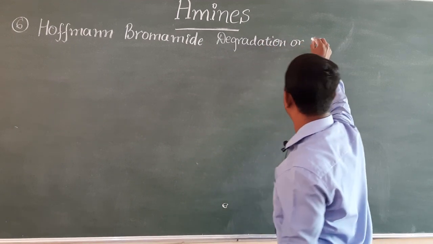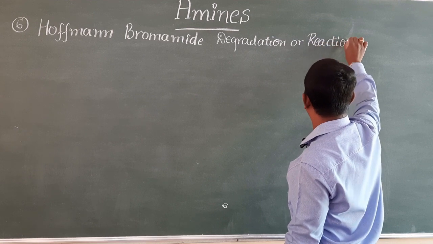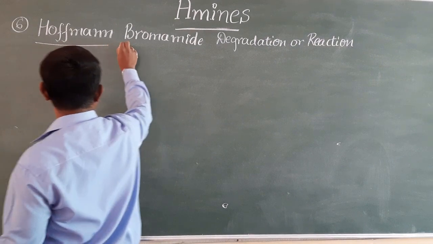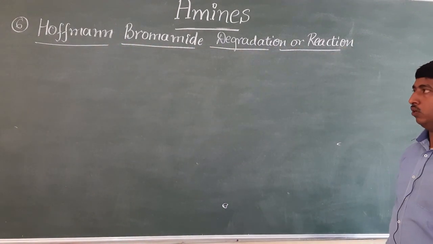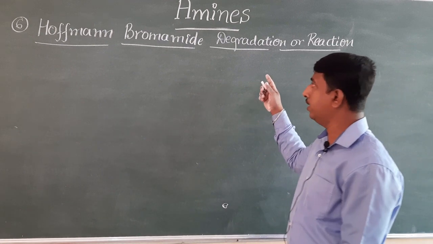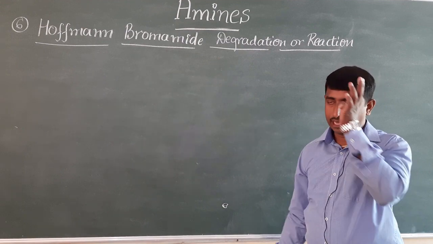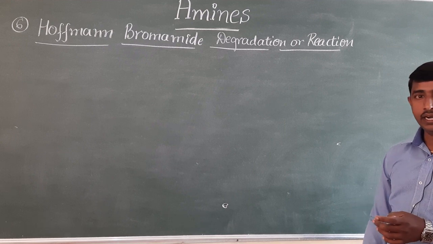I can also write it as Hoffman bromide reaction. This is also an important named reaction, along with Gabriel phthalimide synthesis and Hoffman bromide degradation. Usually they will ask either Gabriel phthalimide or Hoffman bromide reaction or Hoffman bromide degradation.